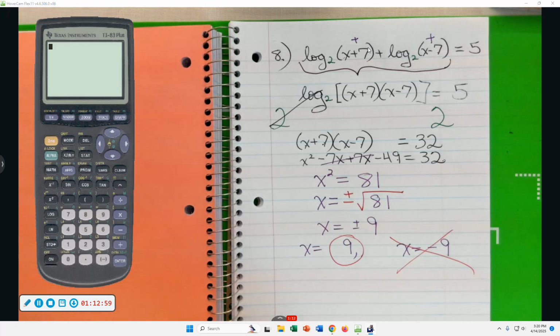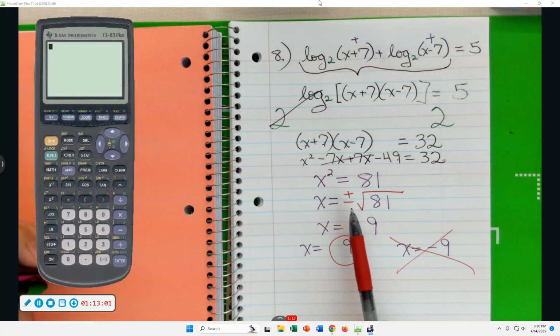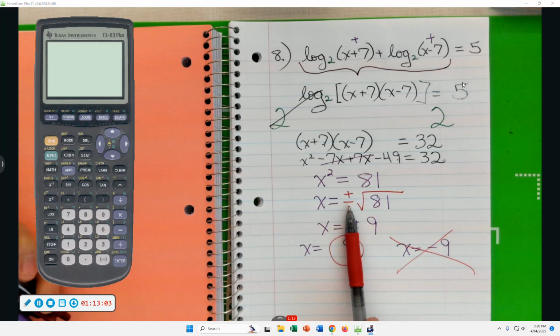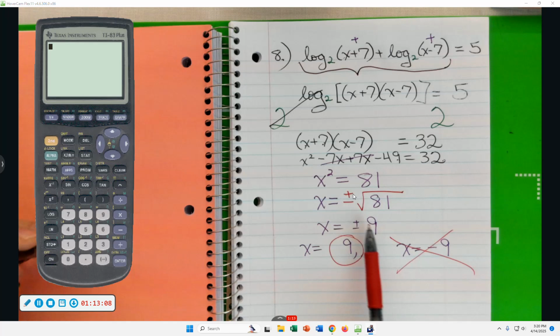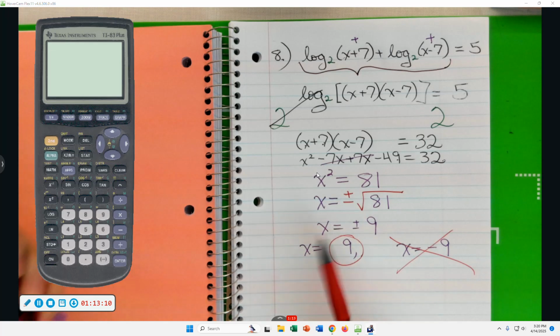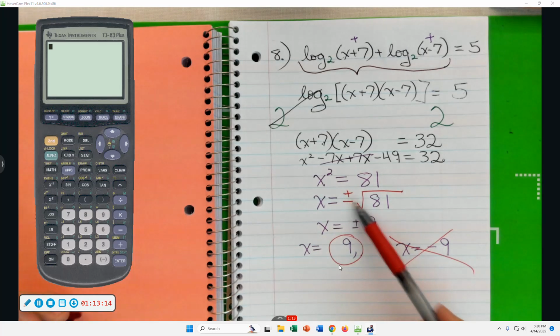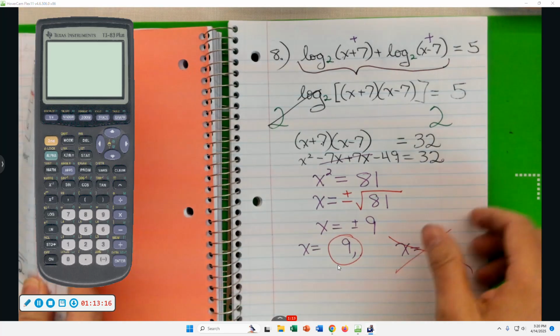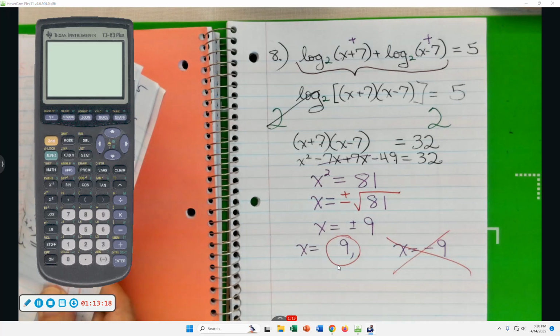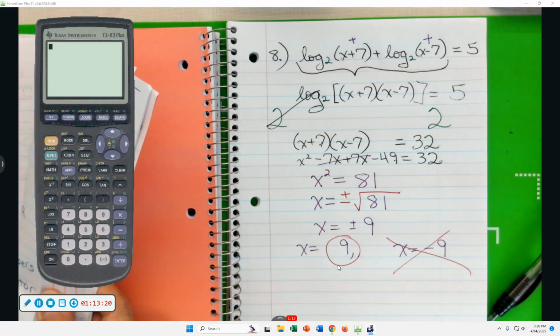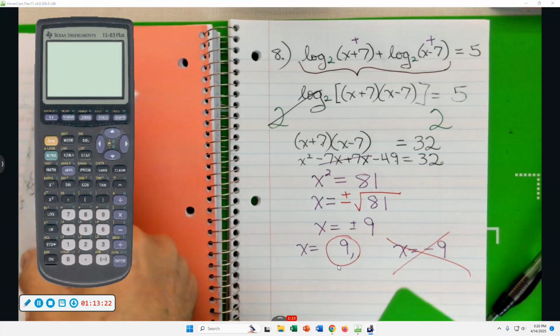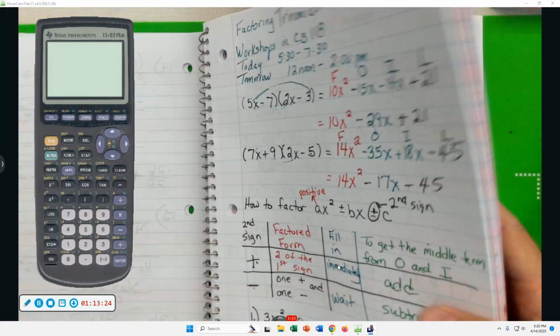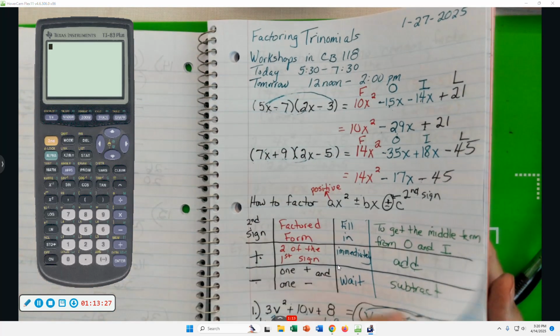But since most of y'all would have forgotten the plus minus anyway, come on, be honest. How many of y'all would have forgotten the plus minus and just gone to the square root of 81? You would have been okay. Yeah. You would have been okay if you forgot the plus minus. In this case, you would have been okay. I'm wondering, where is that plus minus when we did it when we were solving quadratic equations?